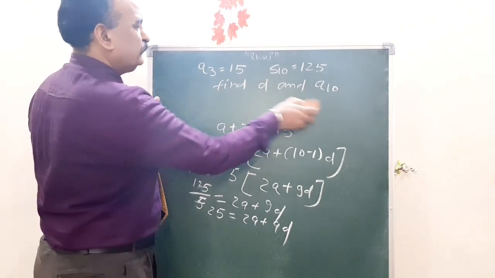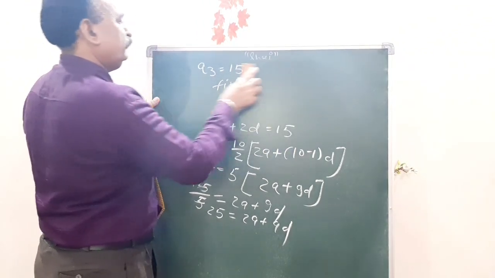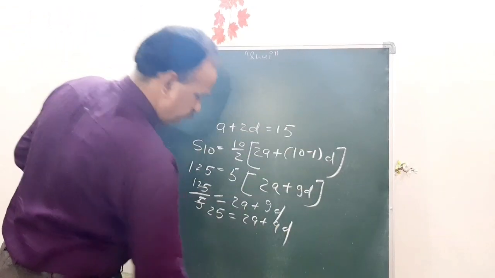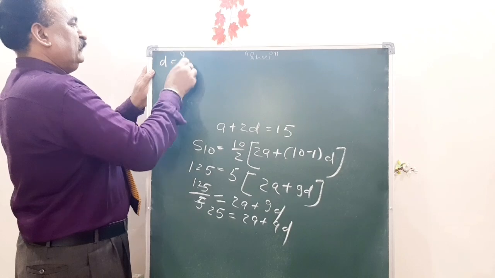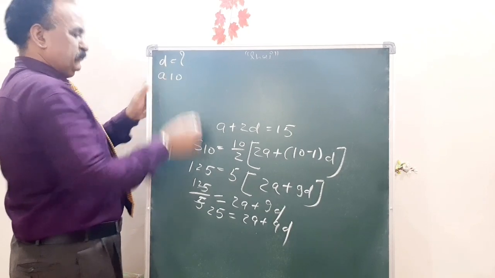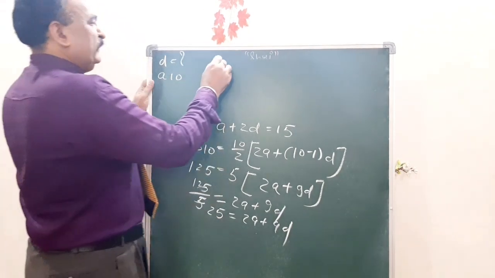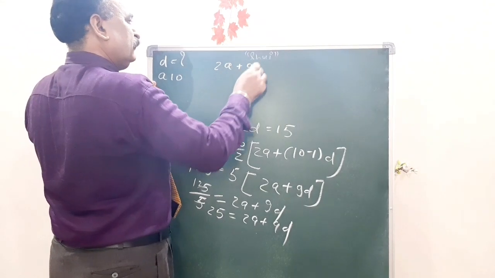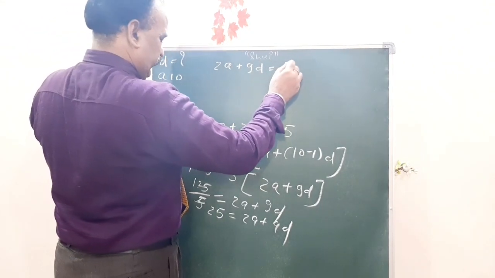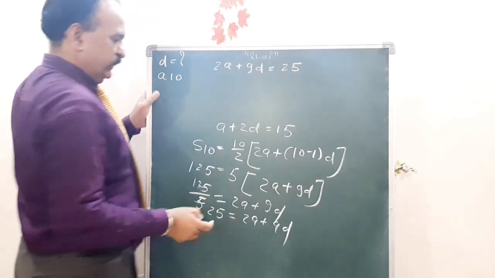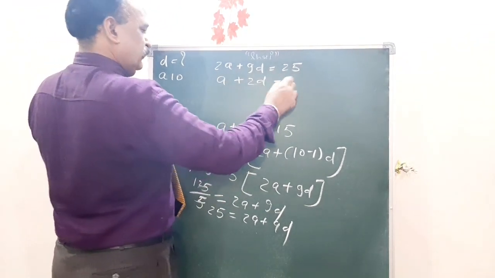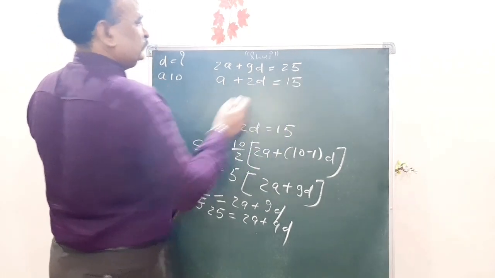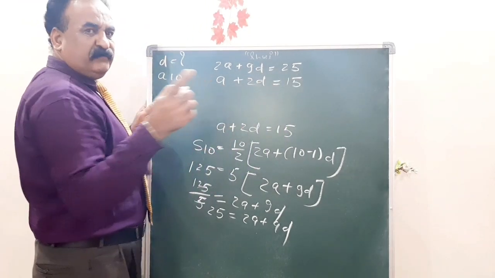Now here you have to find D and A10. Now 2A plus 9D is equal to 25 and A plus 2D is equal to 15. You can solve by the method of elimination.